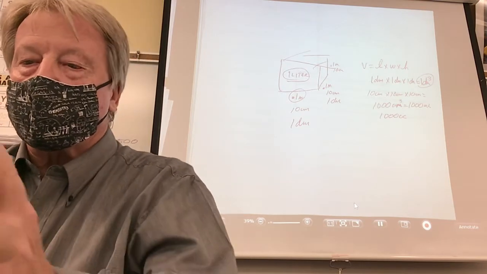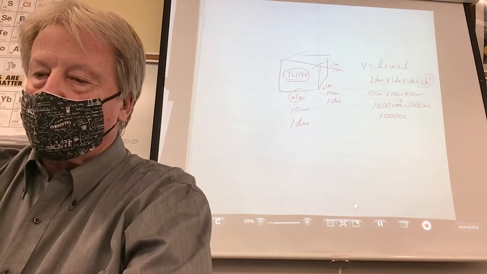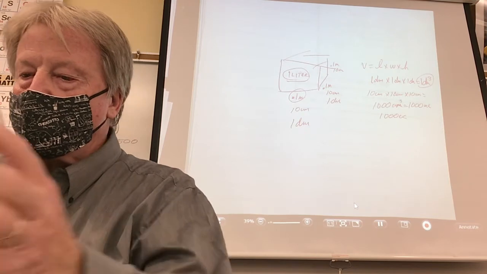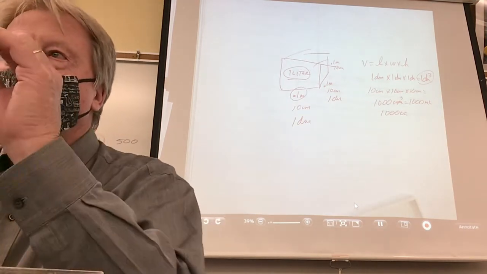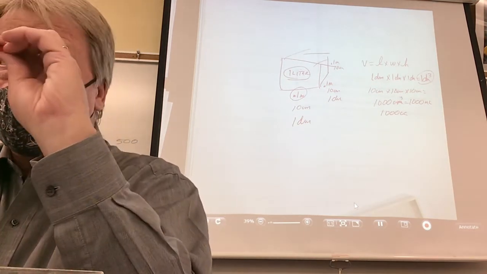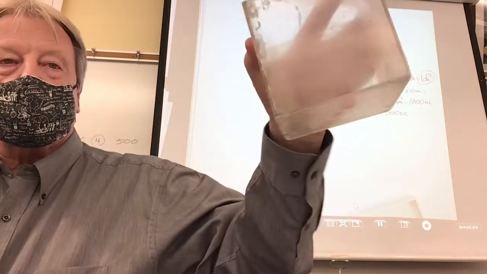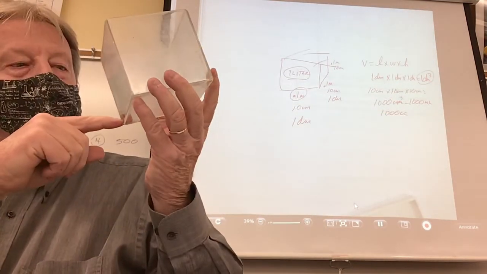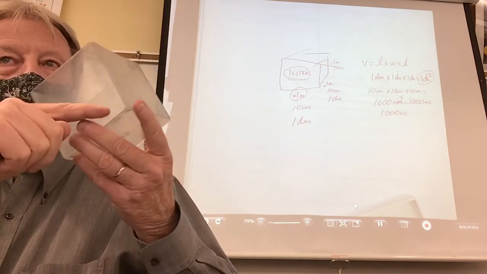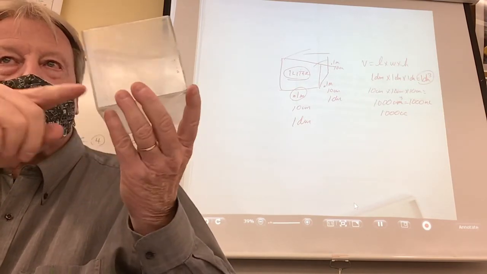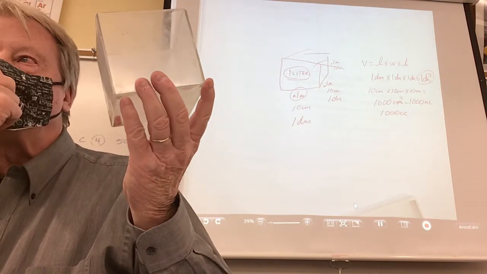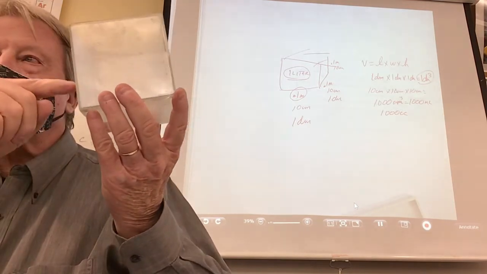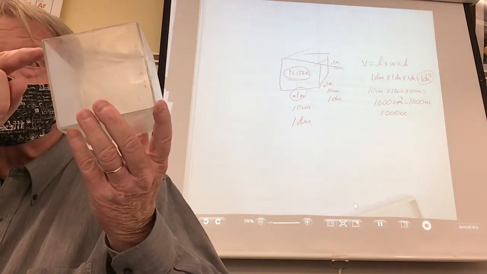I'll show you something here. See this right here? How many of those will fit in here? I'll give you a clue. 10 go that way, and 10 go that way. How many on the bottom floor alone? 100. How many floors? 10.